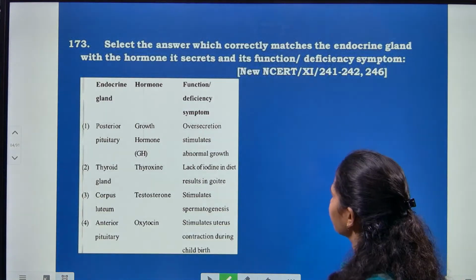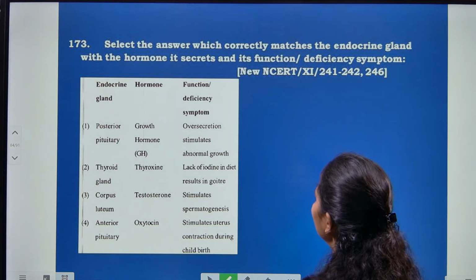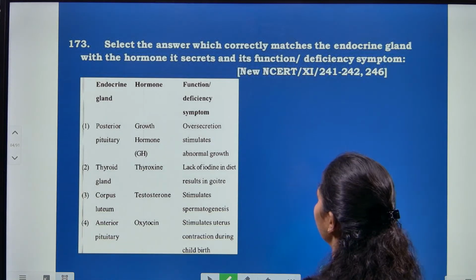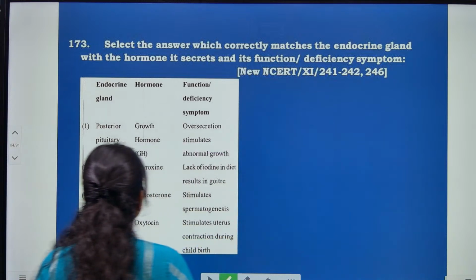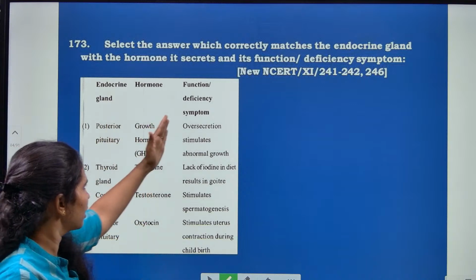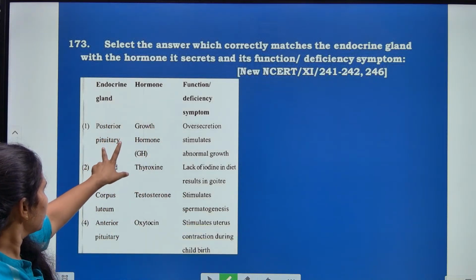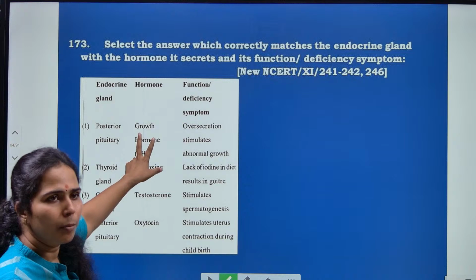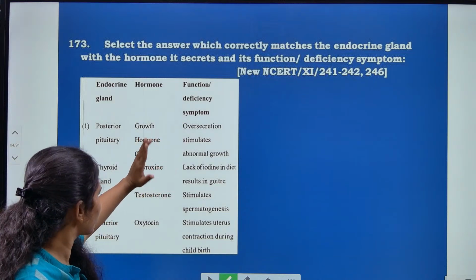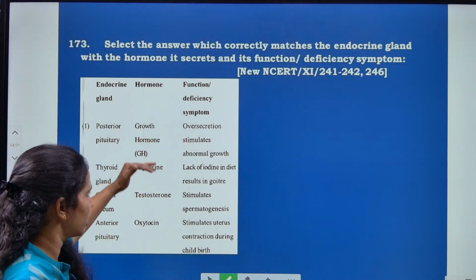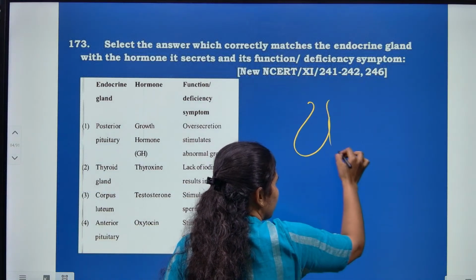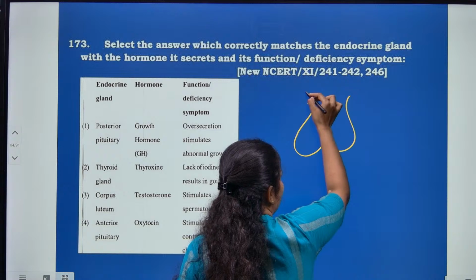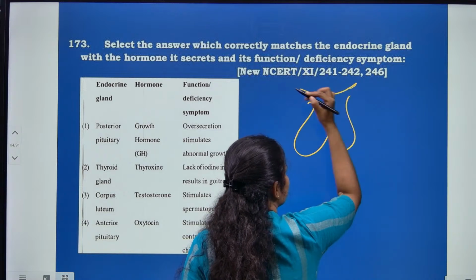Next question. Select the answer in which the endocrine gland is correctly matched with its hormone. Here they have given the glands with their hormones and functions. Is the posterior pituitary gland going to secrete the growth hormone? It is not so. When you see here, this is the pituitary gland, and above is the hypothalamus.